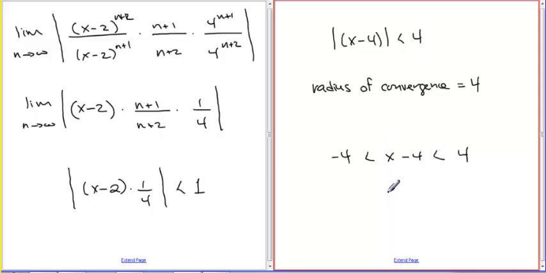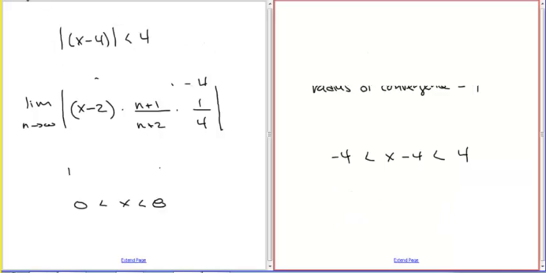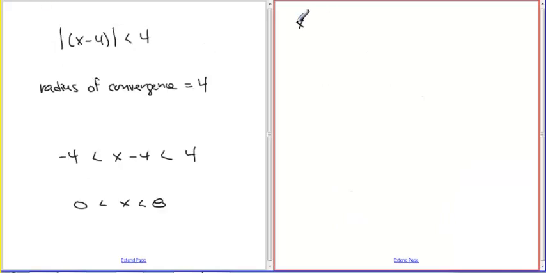So the absolute value can be rewritten as this inequality that involves 3 parts, and then we can add 2 to each term, and so we get that. So this is my interval of convergence, except I still have to check the endpoints. So I need to find out for the two endpoints.